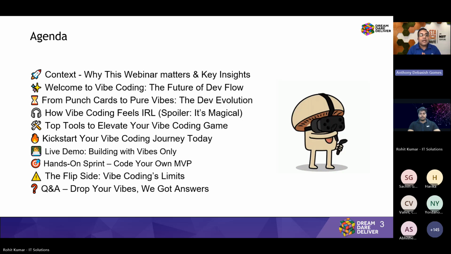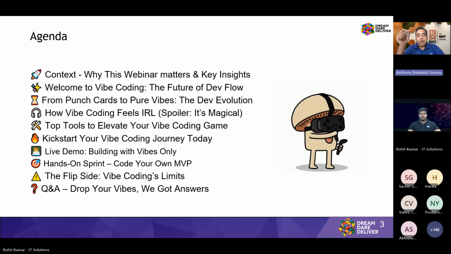We are going to then get into the vibe coding journey today, and Rohit is going to demonstrate that in a live demo, by building and creating vibes. And then the agenda: hands-on sprint, code your own MVP. So visualize what product you want to build.